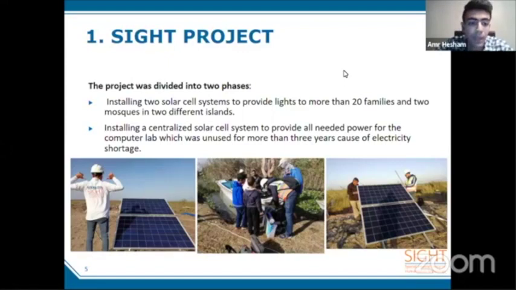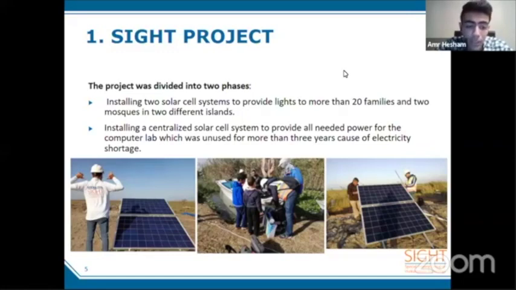These 20 families have more than 50 children who are in primary schools and preparatory schools. Without electricity, they cannot even go to school or do their homework or their daily life routines.